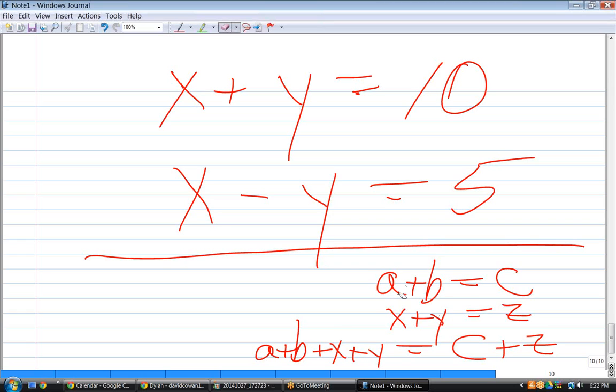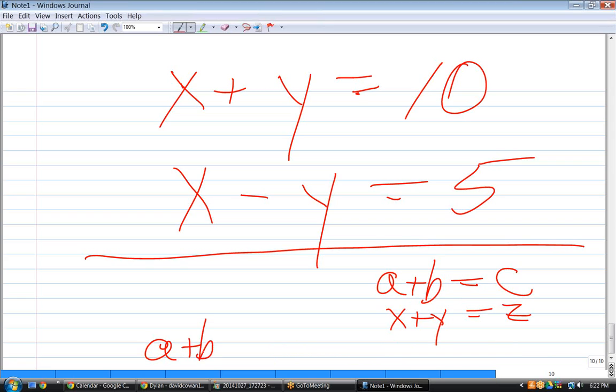They can be completely out from outer space relative to one another. I can always add equations. I can also always subtract equations. In other words, a plus b minus the quantity x plus y is always going to be c minus z. So all I did was subtract the bottom equation from the top equation.